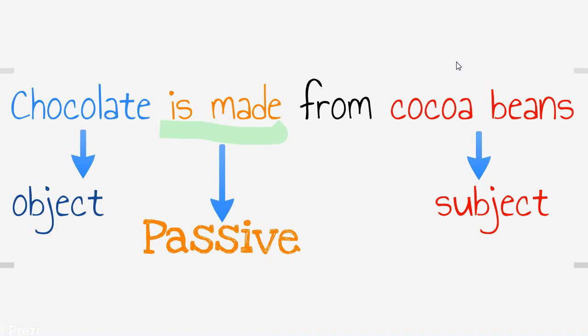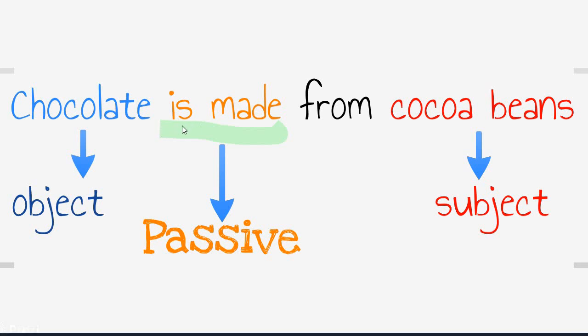When I say passive, I simply take the object from the end of the sentence and I put it at the beginning of the sentence. So chocolate was the last word of the sentence. It was my object. I took it to put it at the beginning of the sentence. The verb was make. It was in the present tense. I changed it by adding verb to be. Verb to be in the present is am, is, are, right?